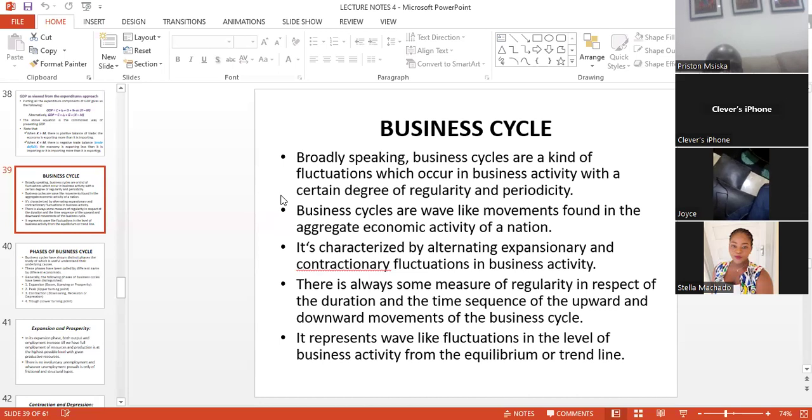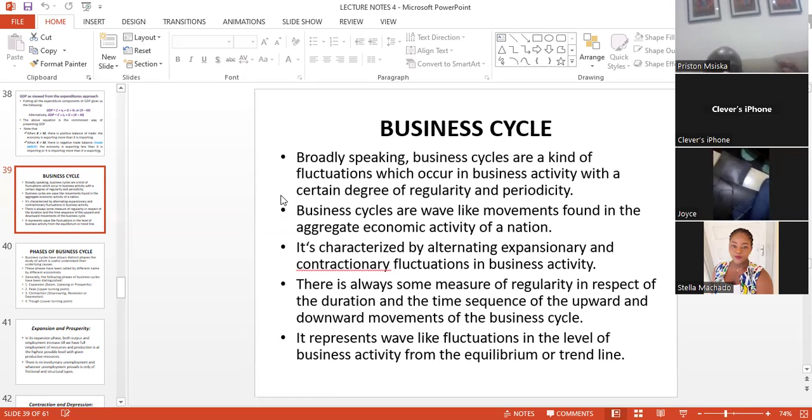It's very unlikely that an economy will consistently grow and be in a robust shape for many years without any fluctuations. So fluctuations do occur. So this is to do with activities in the economy.